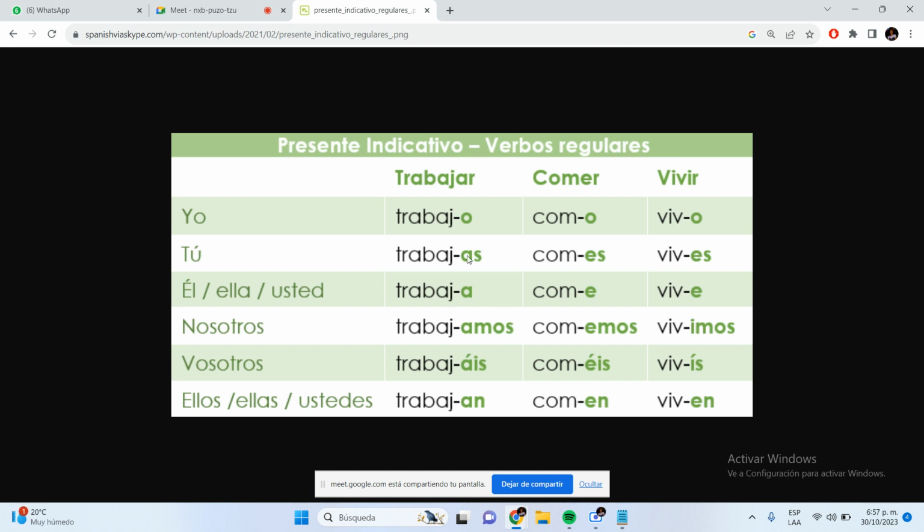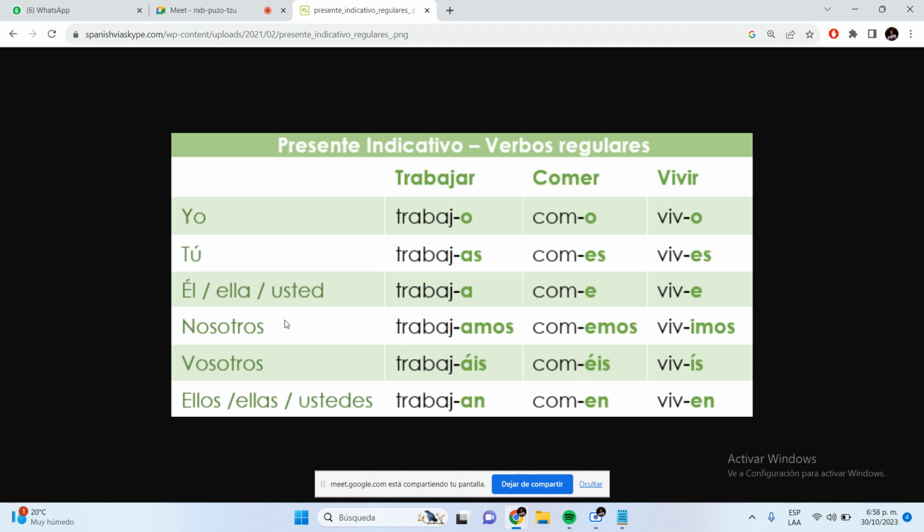So trabajas, comes, vives. You work, you eat, you live. And for él, ella, usted, as always, those three have the same conjugation. So it's going to be trabaja, come, vive, like for tú, but without the s.